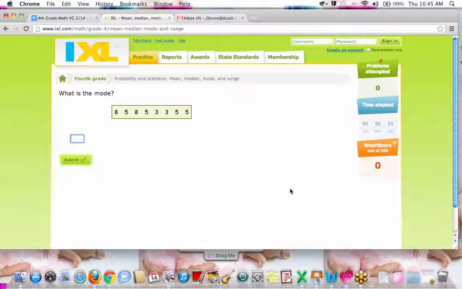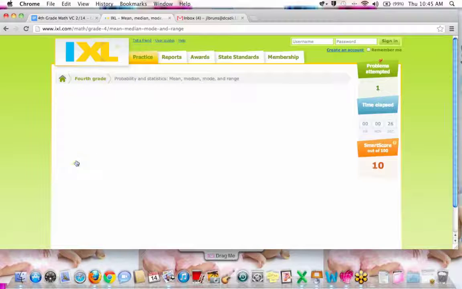Remember, mode is the number that occurs most often. Okay, I have one answer in the chat. I have Jaden telling me that it is 5, that he says 5 occurs the most often.